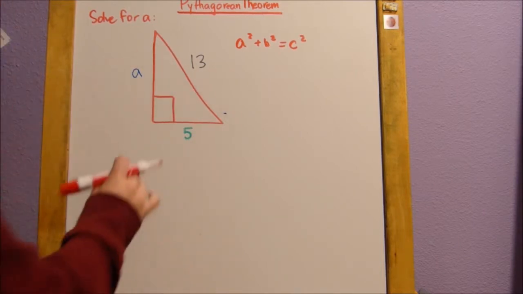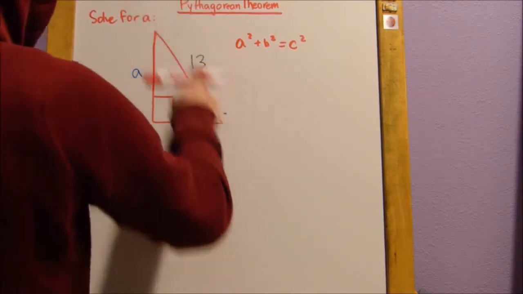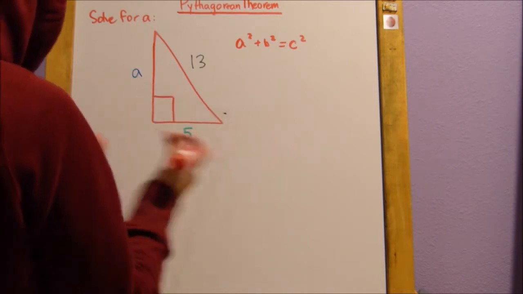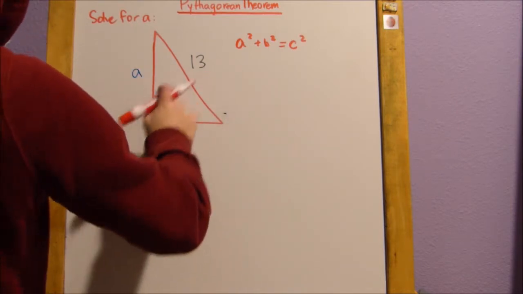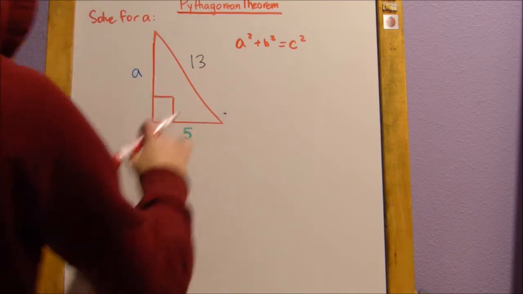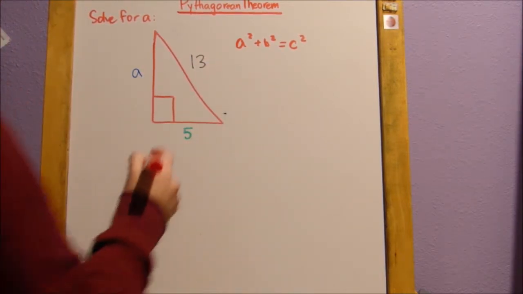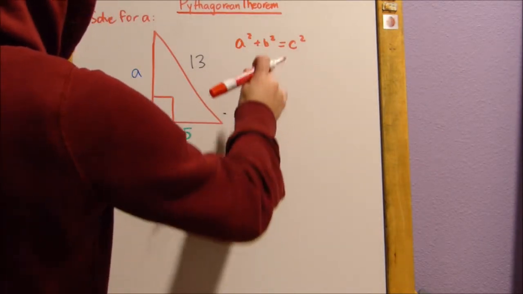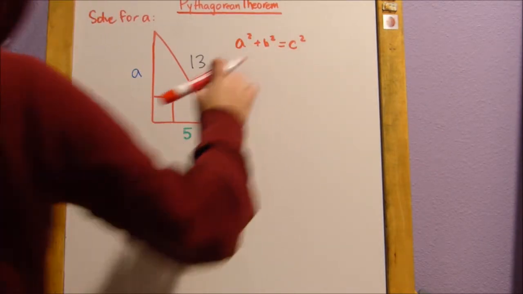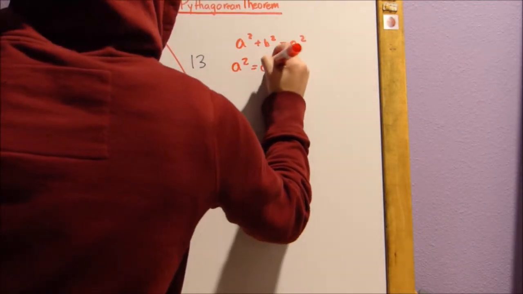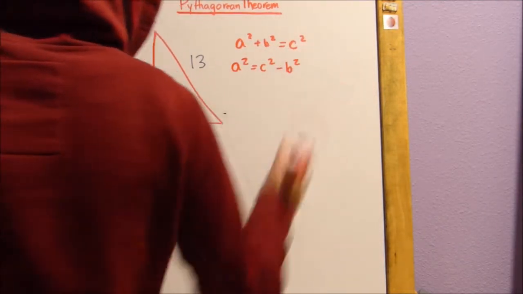And we know that this is c because this side length, this hypotenuse, I suppose, is going to be the longest of them all. It's going to be the one across from the 90-degree angle. So we know that this is c. This can't be c. It won't work that way. So let's rewrite it. Let's subtract b squared from both sides to solve for a squared. So a squared equals c squared minus b squared, right?